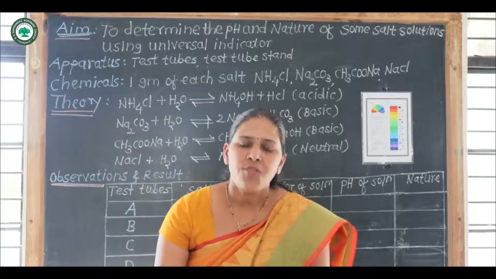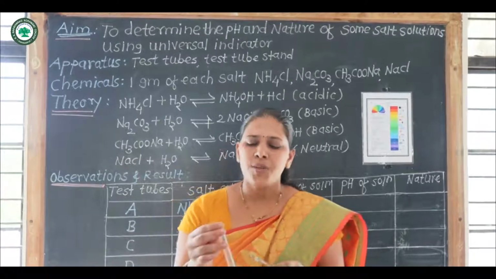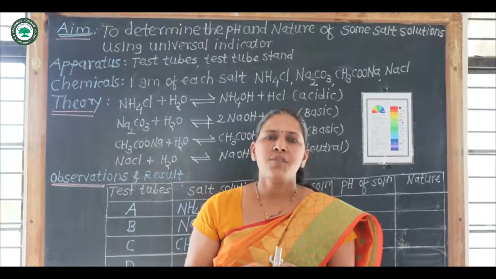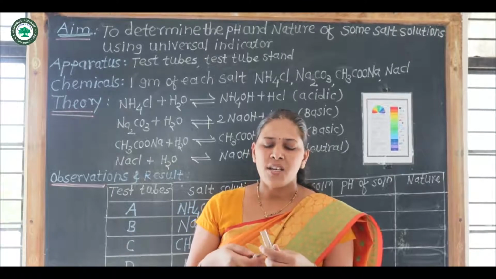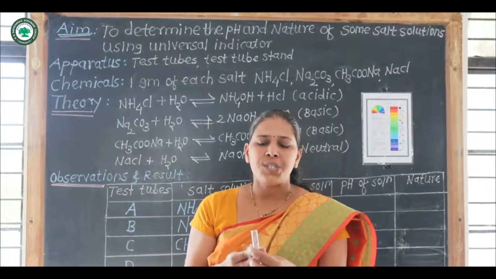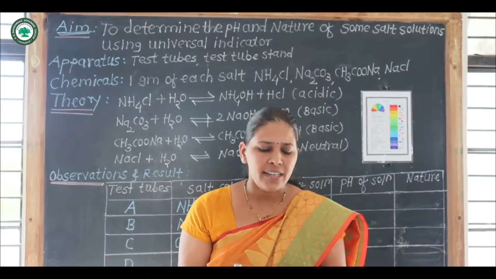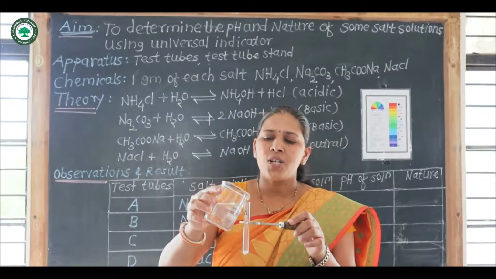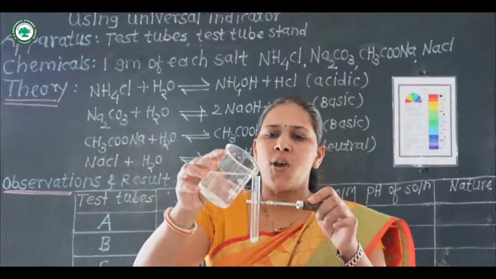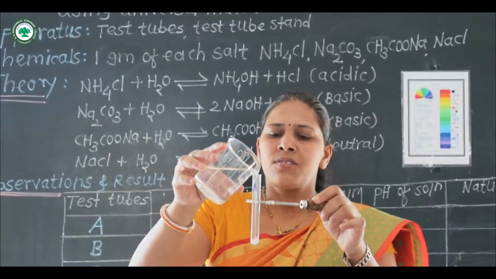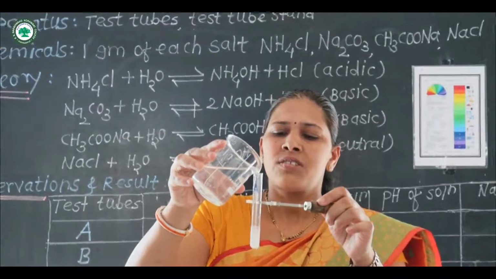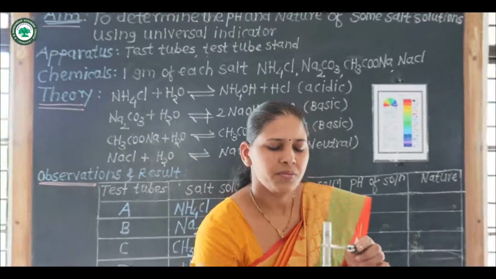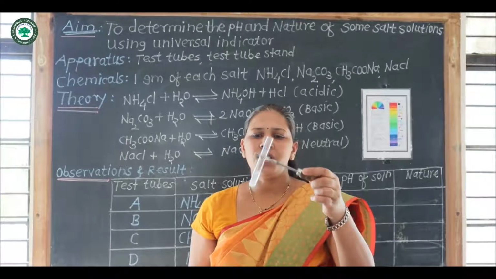Then the first salt, ammonium chloride. Approximately 1 gram of ammonium chloride is taken in a test tube. Then add a little amount of distilled water to dissolve this salt. Stir the solution.